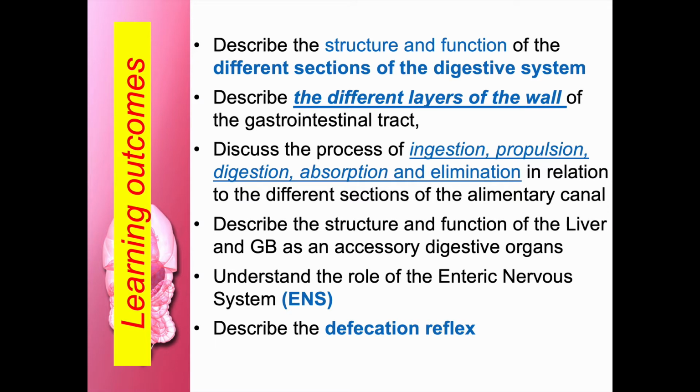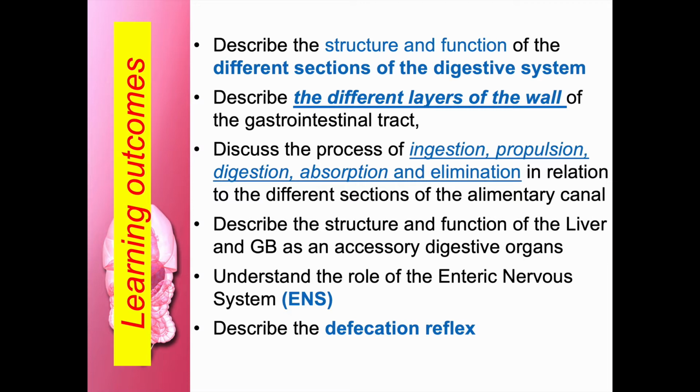So this tube has different layers: outer serosa, middle muscular, and inner mucous layer. There are subdivisions in that. We will see the layers and the different types of cells present in the innermost layer to absorb the food.